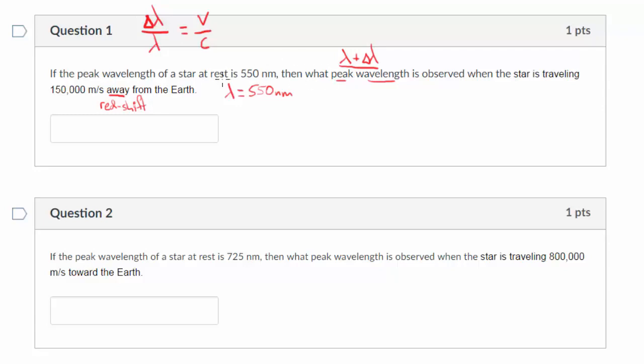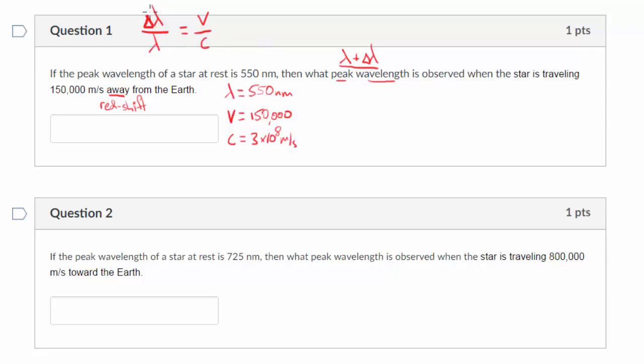So there's a lot of information being given in here. We're also being given V, that's 150,000 meters per second. And C, the speed of light, is given to us by the equation sheet, 3 times 10 to the 8 meters per second.